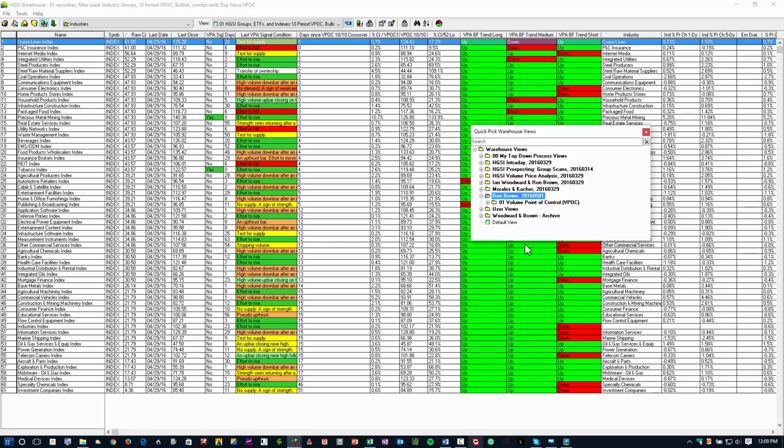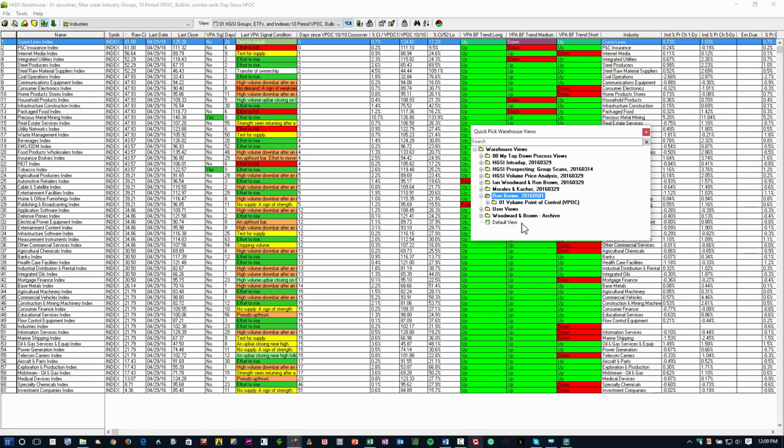Now, your views may not look like my views. I primarily just work with Woodward and Brown and Morales and Casher and my own material, views, combos, charts, etc. I know a lot of you use material from other people like Jeffrey Scott and so on, but it just goes to show how powerful and how varied HGSI Investor is.